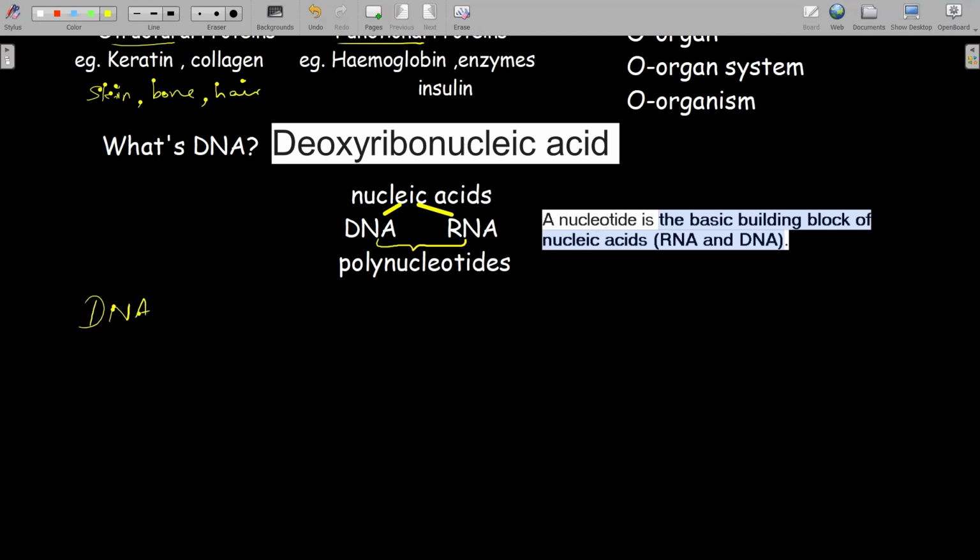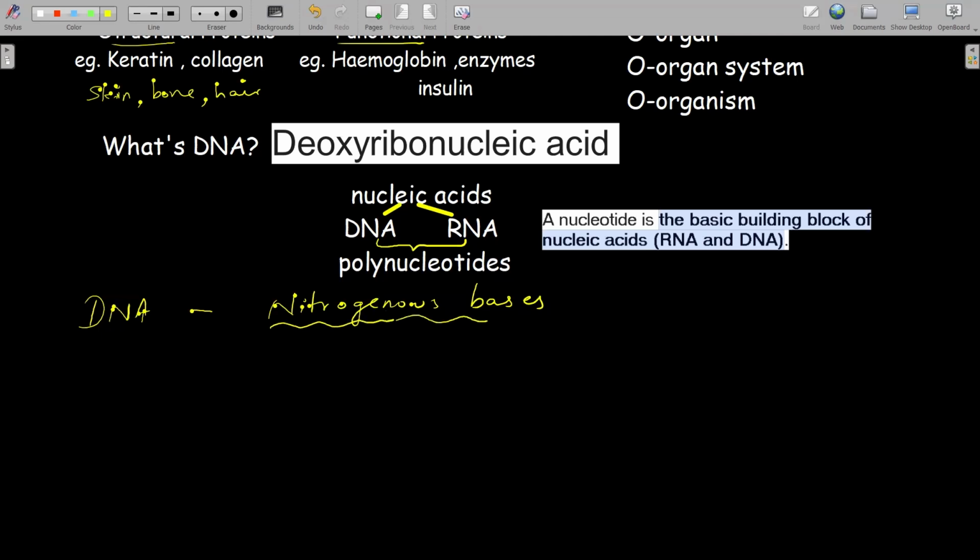Now, what is the nucleotide made of? The raw materials required to make this nucleic acid are nitrogenous bases. What do you mean by nitrogenous bases? From the word, you can see nitrogen.